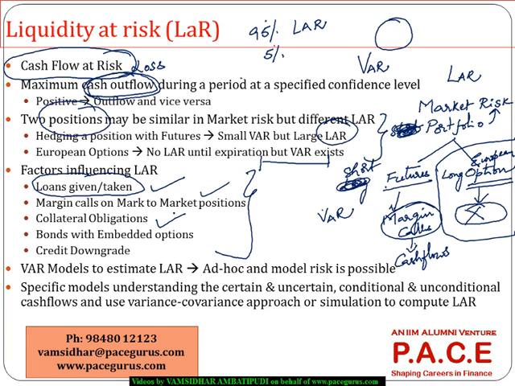Otherwise, I could try building some sophisticated models which are more and more specific to the liquidity at risk, understanding the different types of cash flows, what kind of cash flows are certain, what kind of them are uncertain, which of them are conditional, which of them are unconditional, build a kind of variance covariance approach around the different sets of cash flows, or probably simulate the cash flows based on the assumed distributions, and finally get into the computation of liquidity at risk, which is the LAR.